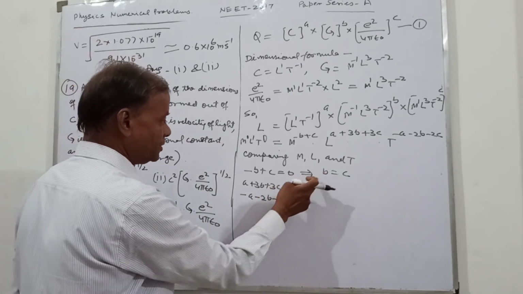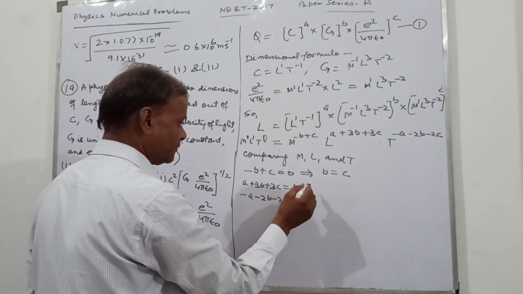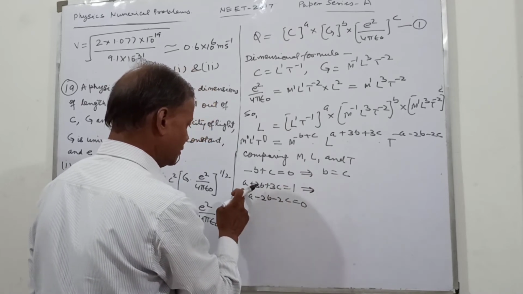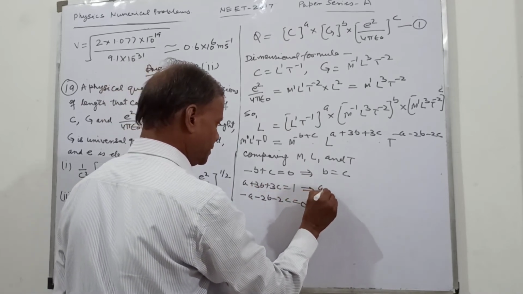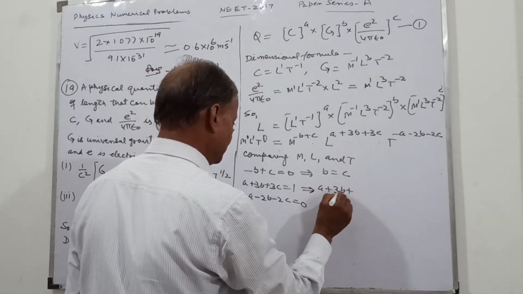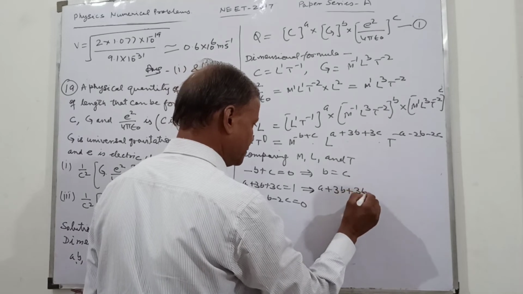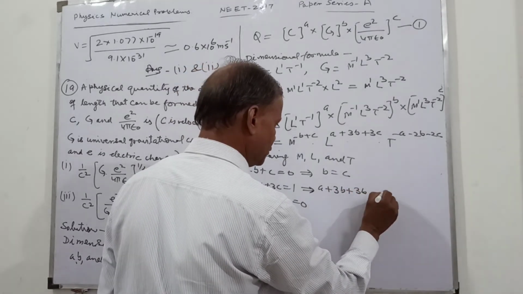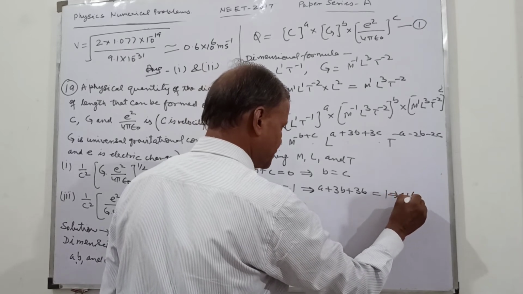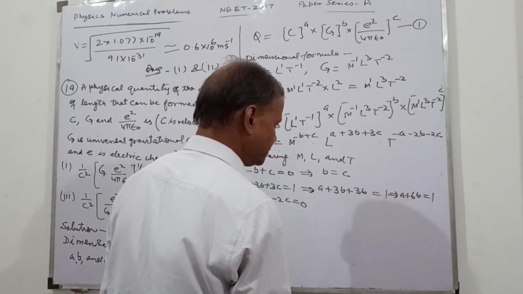Putting this value in, we get a plus 3b plus 3b equal to 1, so a plus 6b equal to 1.